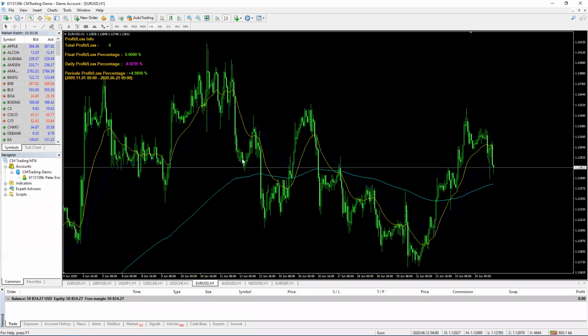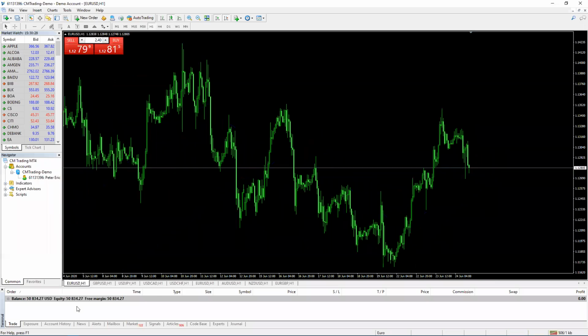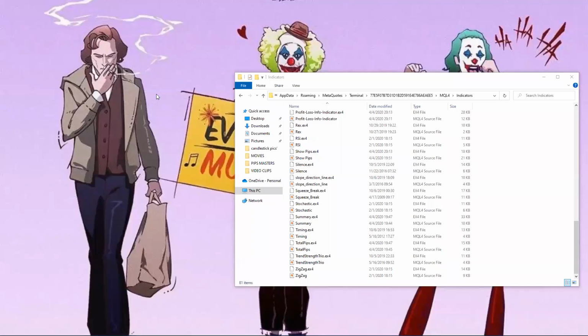Okay, using a demo account, you can always open positions to test your indicators. You can always open positions to confirm your indicator is working, ama to back test it. Okay, so just a minute.